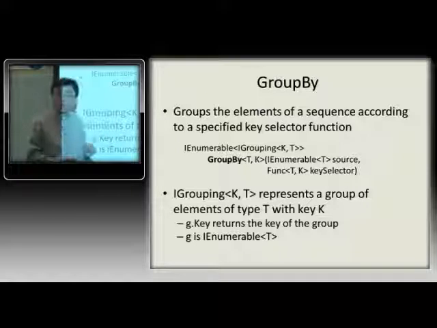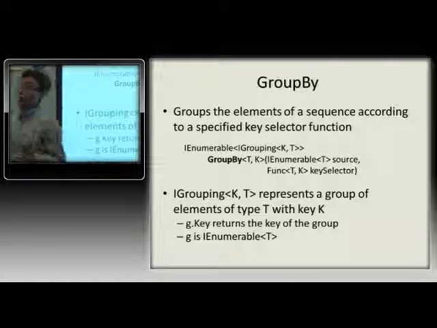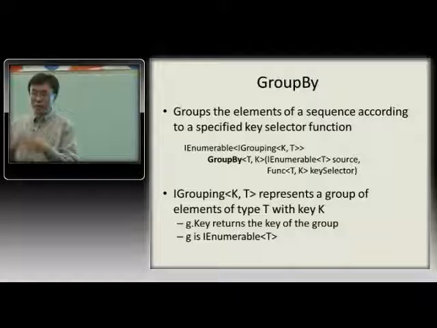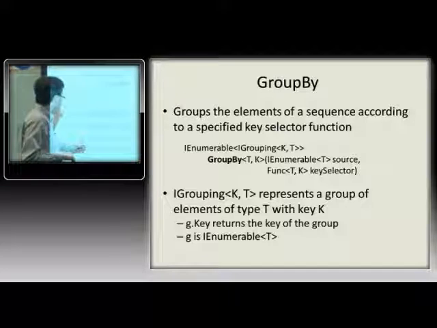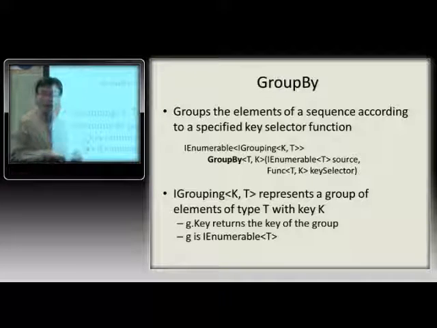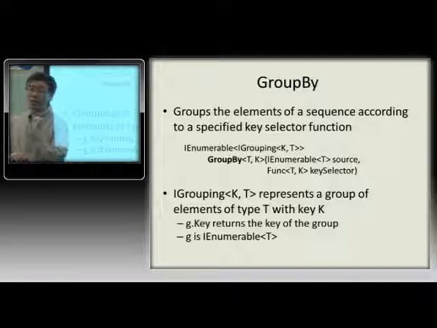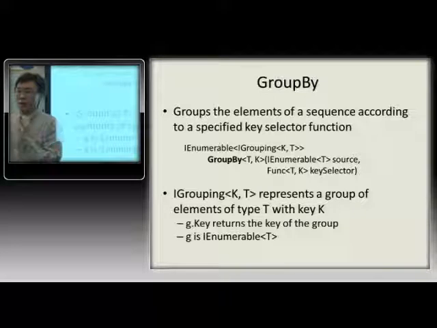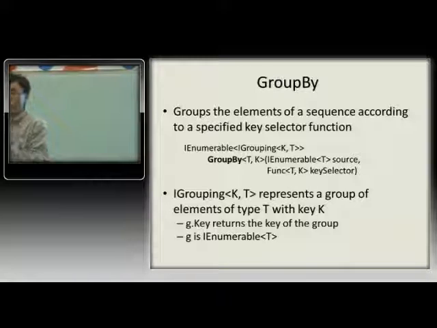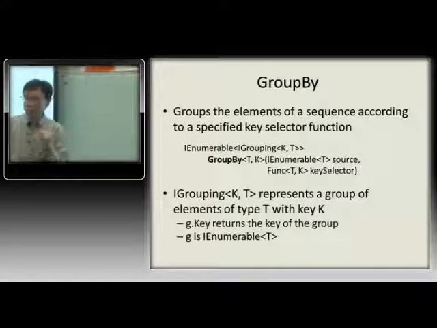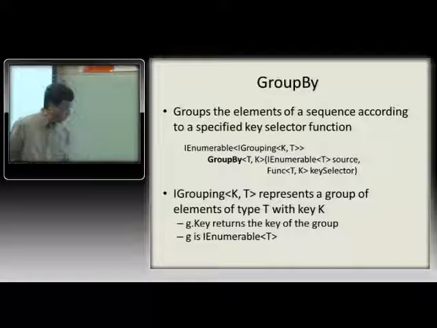IGrouping itself is a collection, a group of things, and if you do g.Key, that gives you the key of this collection. So it's not only a simple collection, it also tells you the key of this collection. That is what IGrouping is.